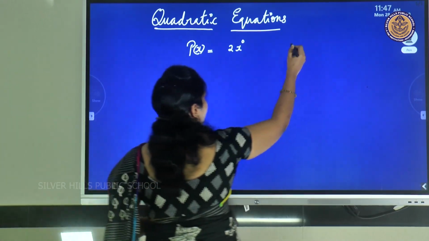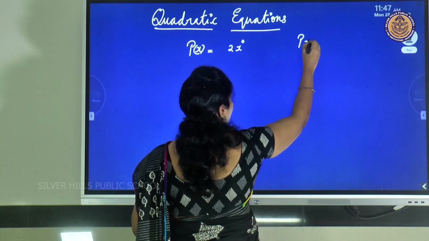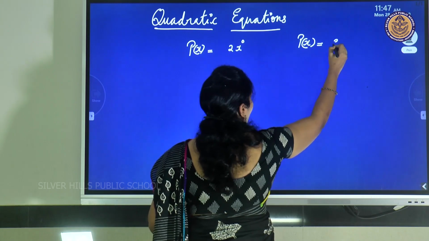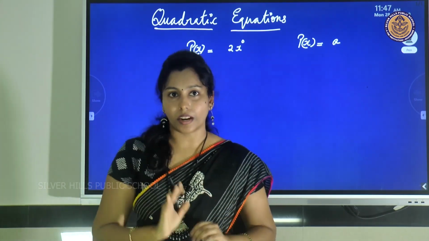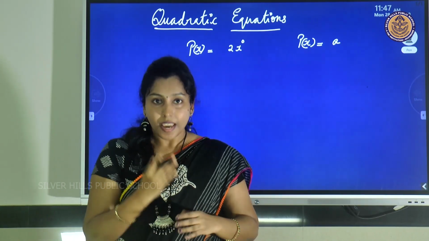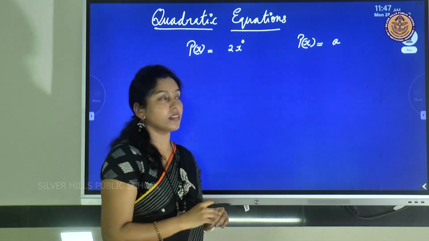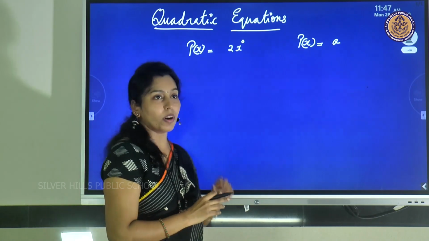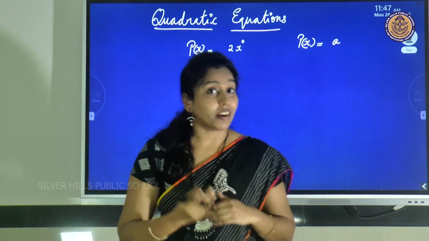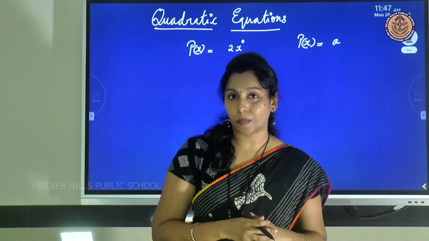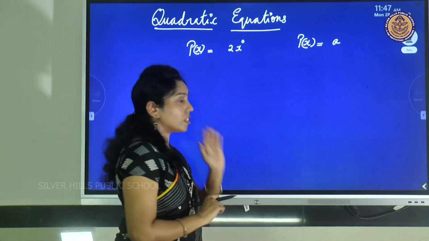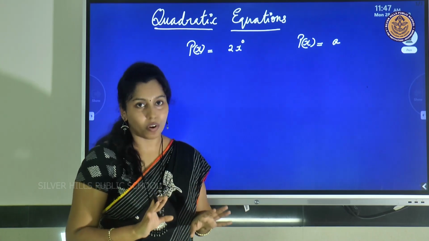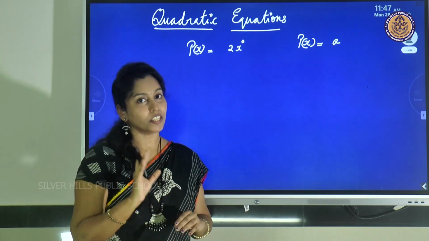I can always write a constant polynomial as p of x is equal to a. Now, what is this a? A is any real number other than 0. If a is 0, what happens? If a is 0, that polynomial is given another name, we call it the 0 polynomial, and its degree is not defined. But coming to constant polynomials, its degree is always defined and it is 0.